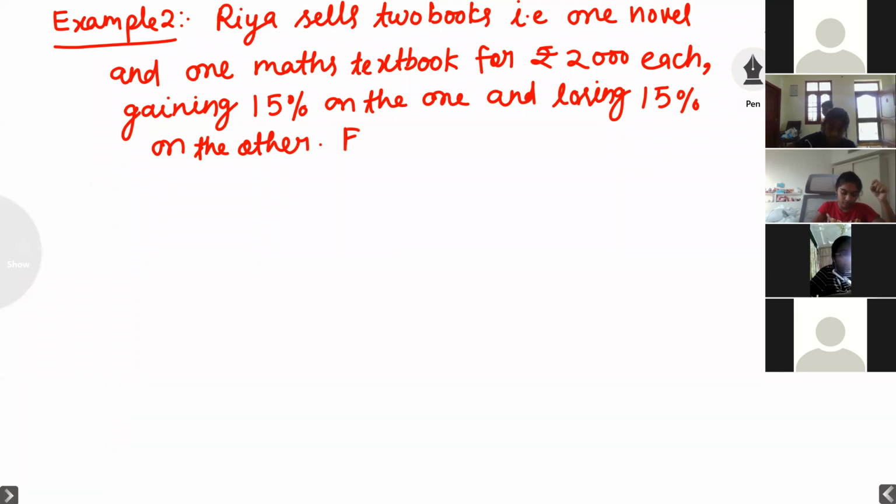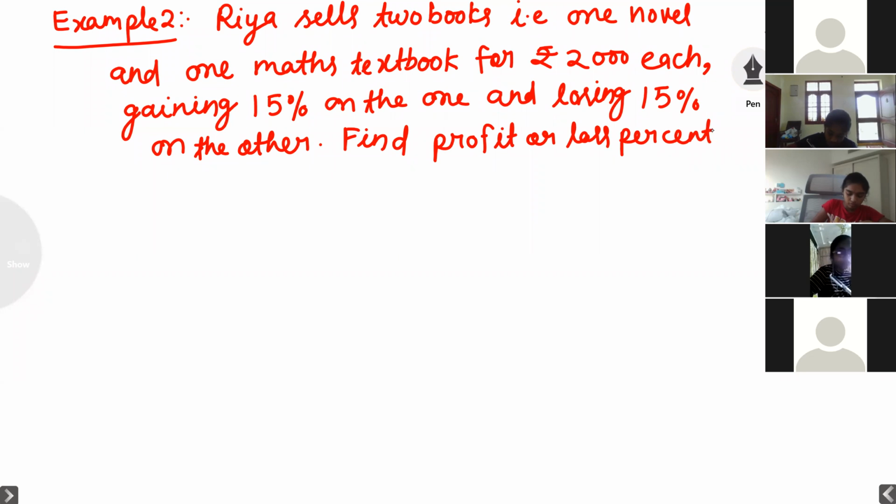Find profit or loss percentage on the whole transaction.